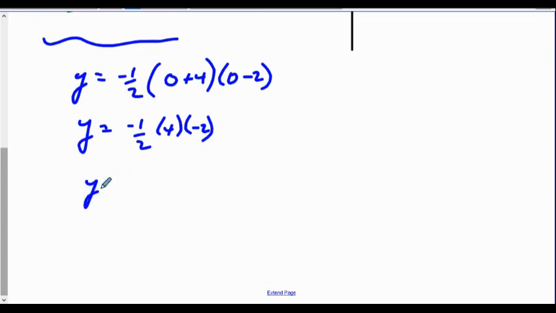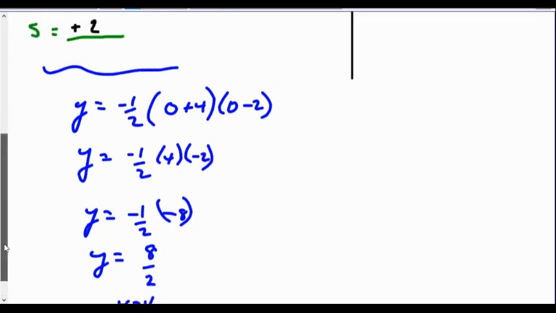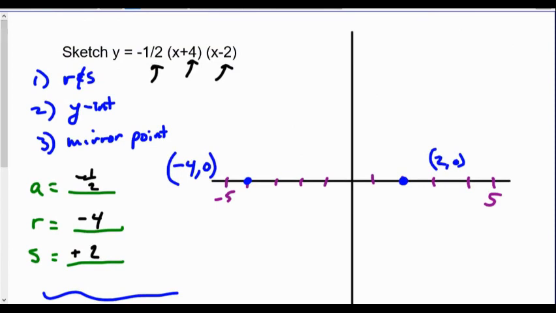So y is the -1/2 of -8. So y equals -1 times -8 is a +8 divided by 2. Y is 4. So 1, 2, 3, 4, 5, and y is +4. So there's a spot. That's at 0, 4.